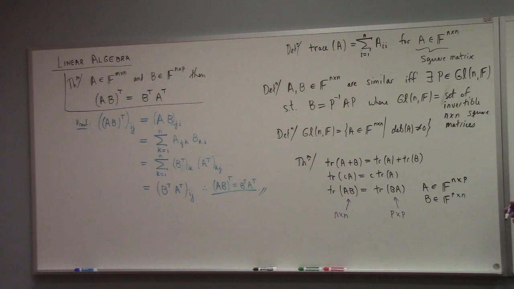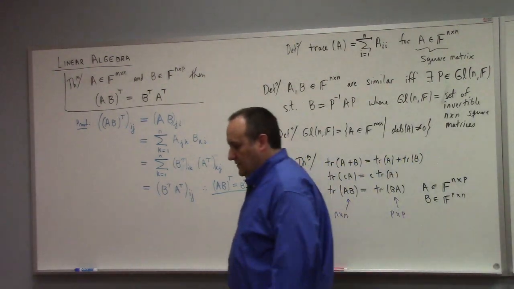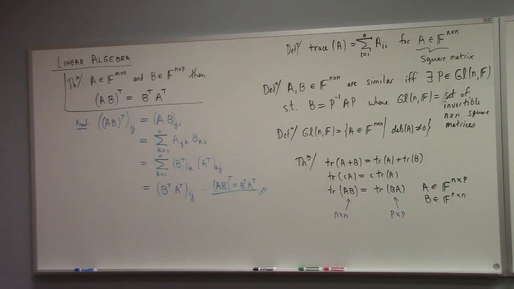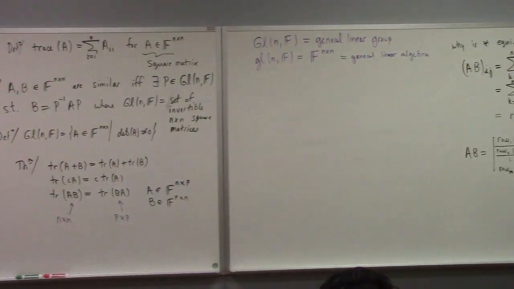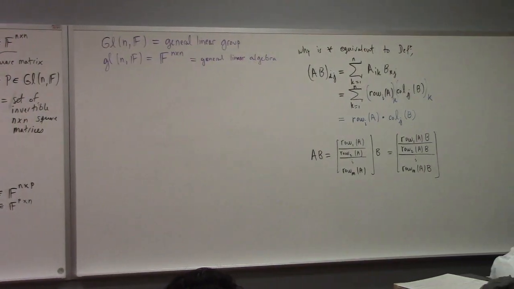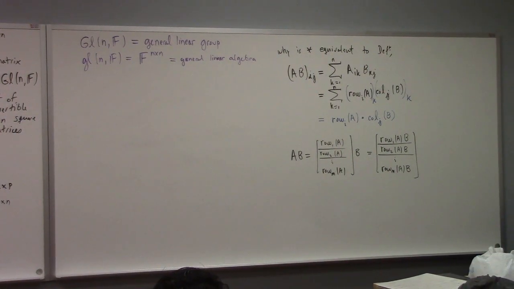You could think of it as an associative algebra with respect to matrix multiplication, or as a Lie algebra with respect to the commutator bracket, but I think I'm getting off track if I start talking about that. It's common vernacular: general linear group, or the set of non-singular matrices, right?